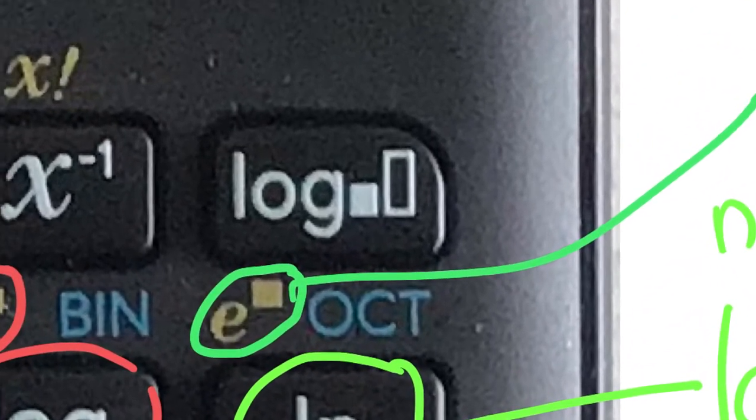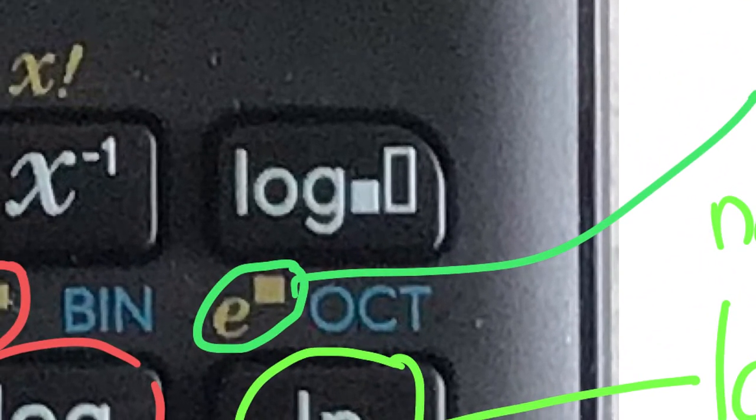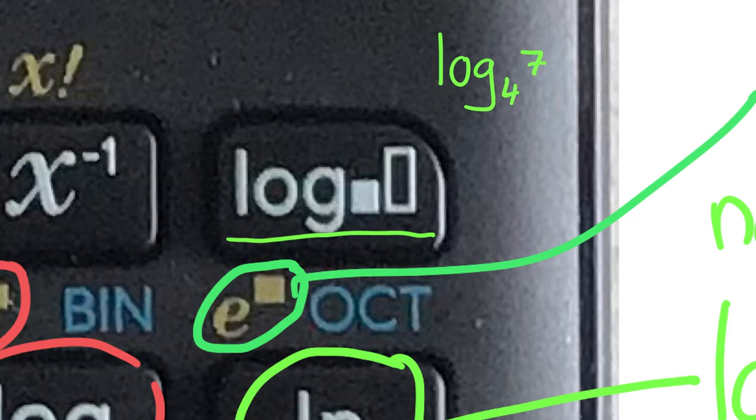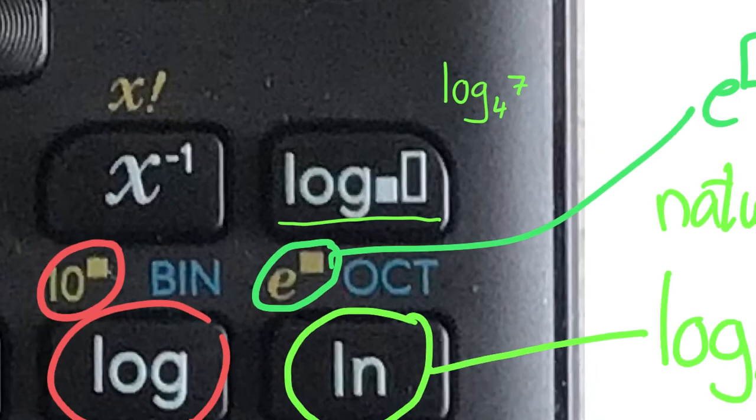Then if you want to use different bases, like for instance log base 3 or log base 2 or log base 4, then you would use this button here.